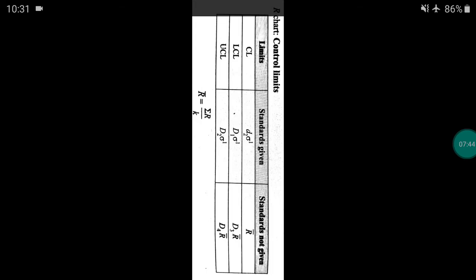Now come to our R bar chart or range chart. In the range chart we have CL, LCL, UCL. Here also, standards given is not required.